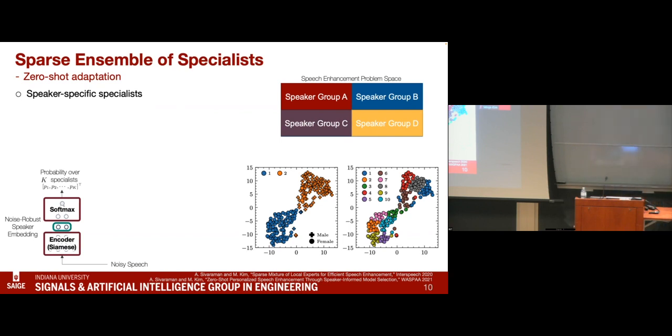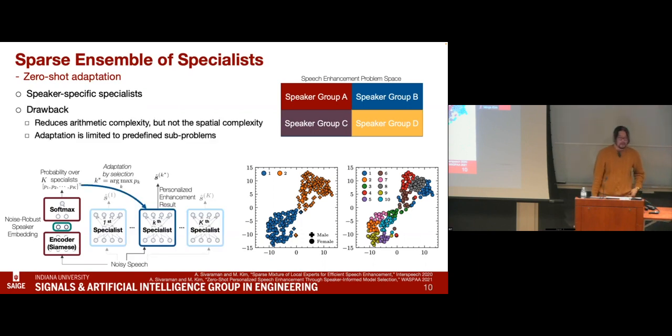So this part actually does this embedding that we are seeing over there. But this embedding is now fed to the softmax layer as a classifier, and it is making decisions instead of noise levels. Now we are classifying this noisy speech into the speaker groups based on our previous clustering algorithm, and it does the same thing. So overall, this one works as good as the previous one.